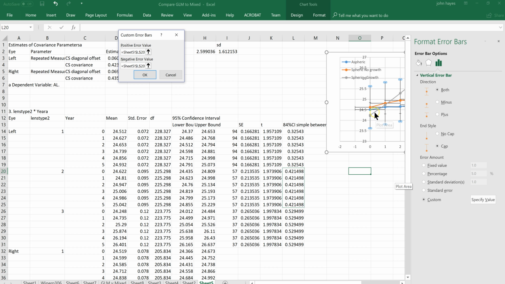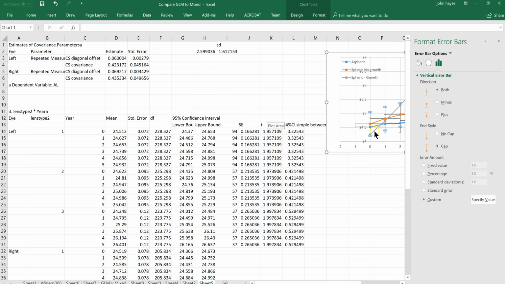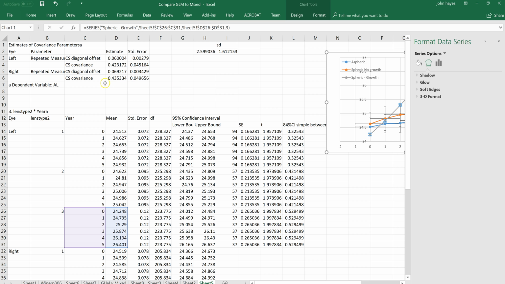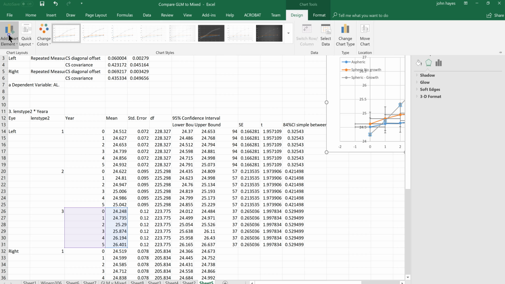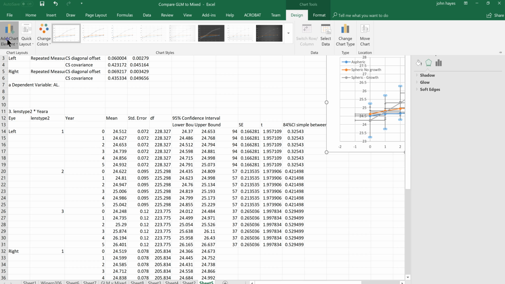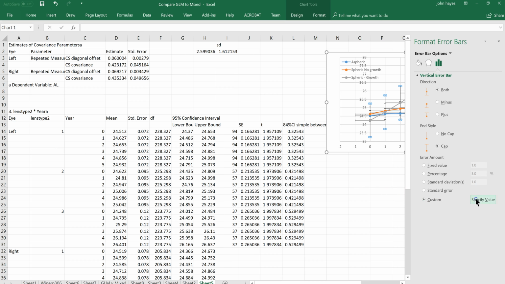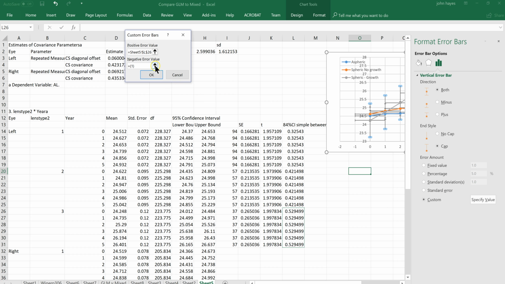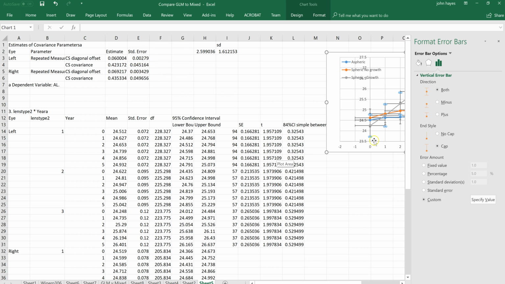And then finally we get the grower guy here. Okay, the grower guy. Design, add a chart element, error bars, more options, custom, specify, the 52s. Again, these are bigger down here because there's fewer values. And then get rid of these annoying horizontal lines.